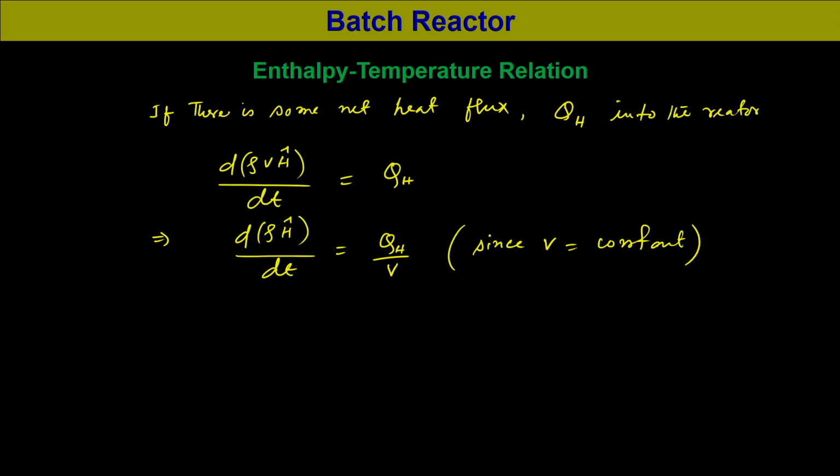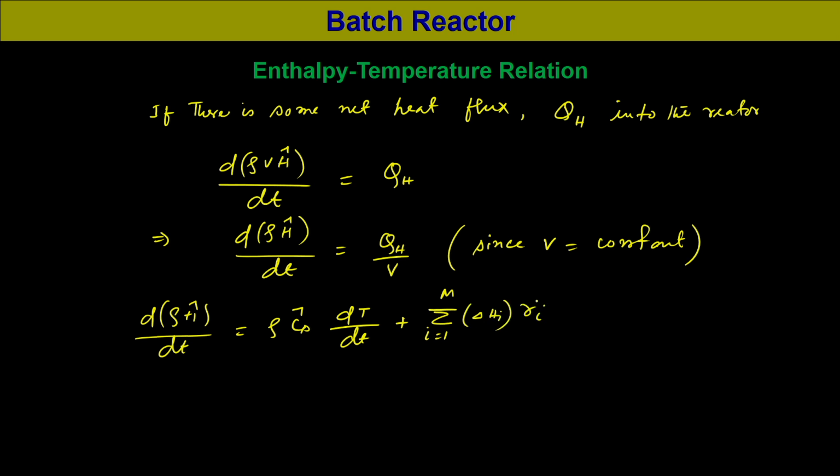So, in the earlier balance equation, that is d rho H cap dt is equal to rho Cp cap dT by dt plus summation over I equal to 1 to m delta Hi Ri.